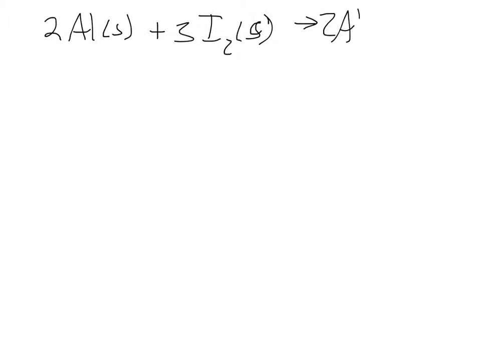In that problem, I want you to calculate the Ecell, and I give you the reaction that we have 2 aluminum and 3 iodine goes to 2 aluminum 3 plus ions and 6 iodide.